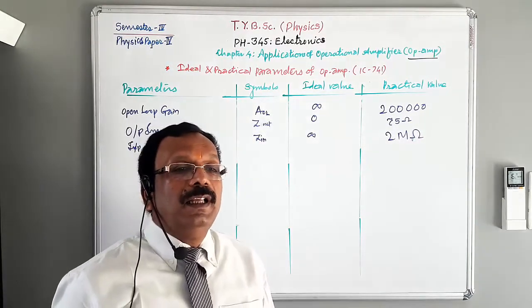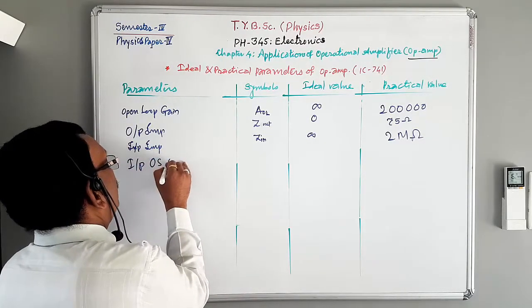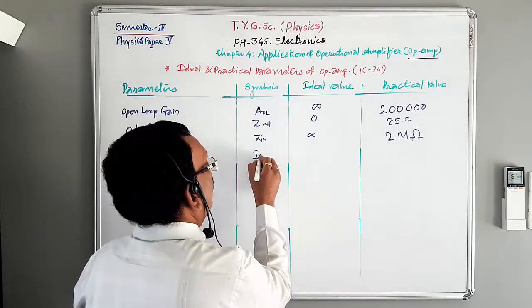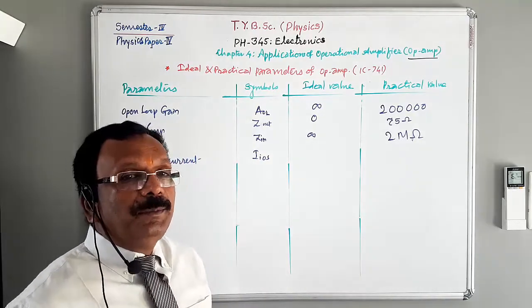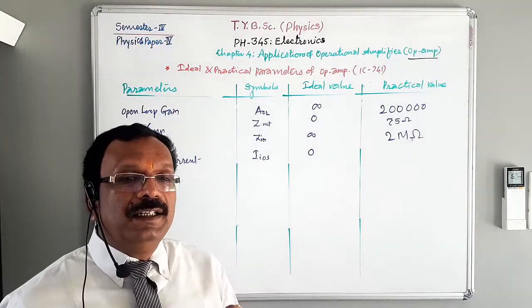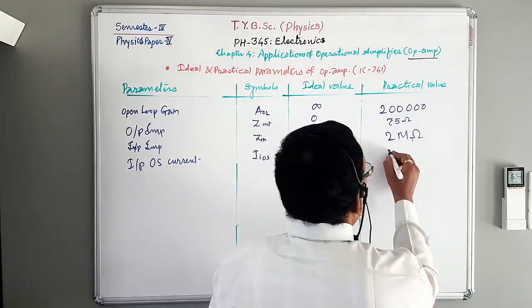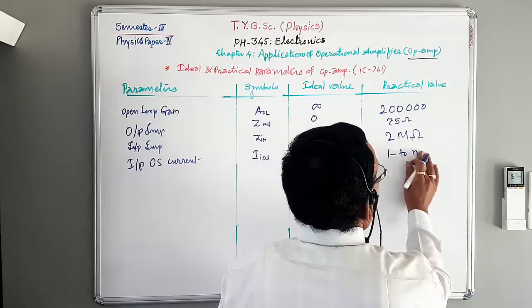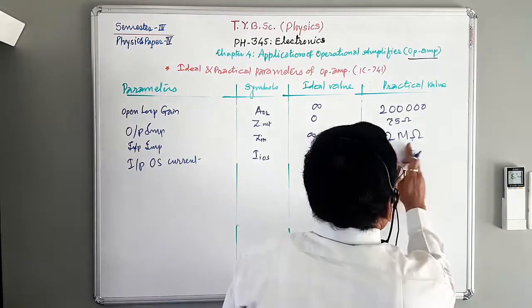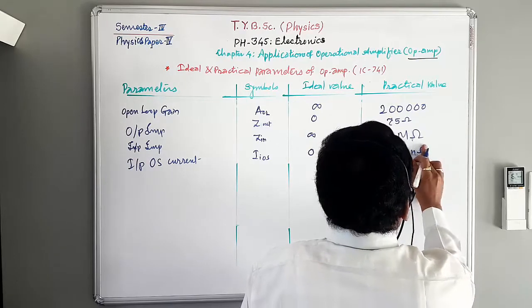Then input offset current, that is IOS. Ideally it is 0, but practically it is very, very small, nearly 20 nano ampere.